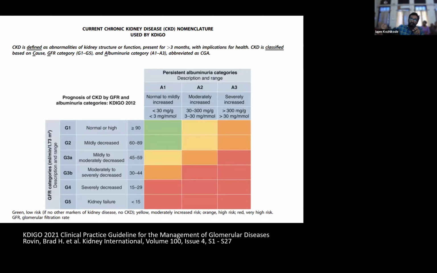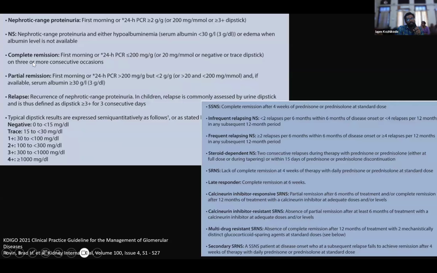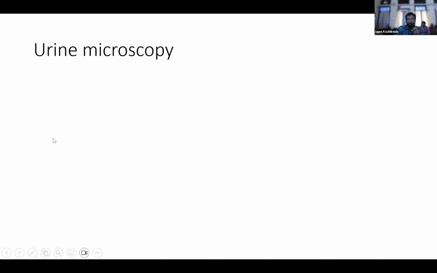One is the proteinuria, the other is the GFR. So it is very important regarding the status of the kidney. And you are going to get a lot of different terminology like complete remission, partial remission, relapse, steroid dependent, CNI dependent. Everything depends upon proteinuria.